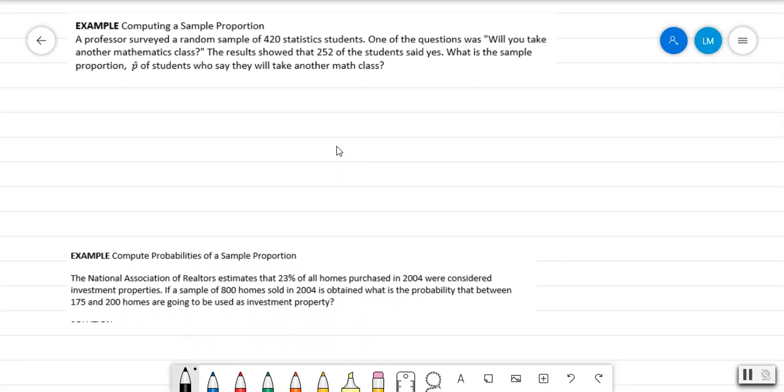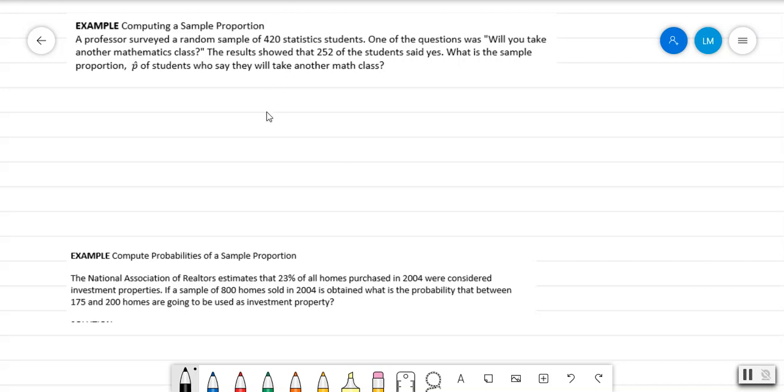So, a professor surveyed a random sample of 420 statistics students. One of the questions was, will you take another math class? The results show that 252 of the students said yes. What is the sample proportion, p hat, of the students who say that they will take another math class?